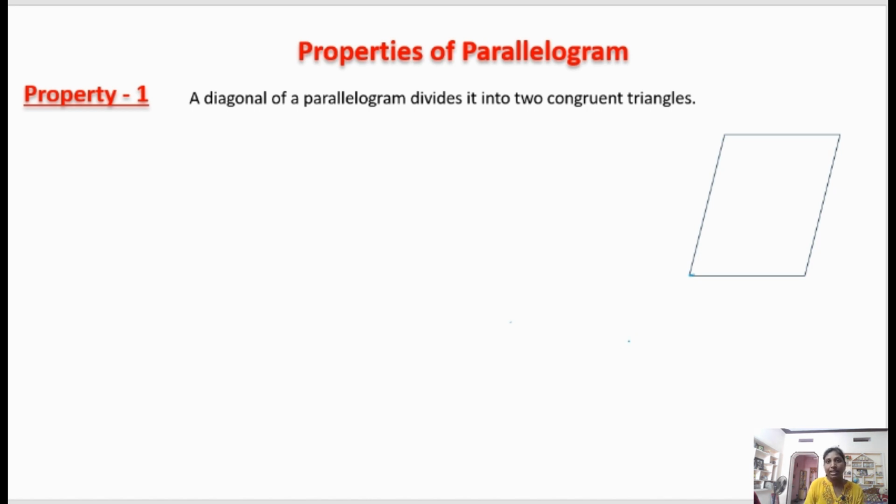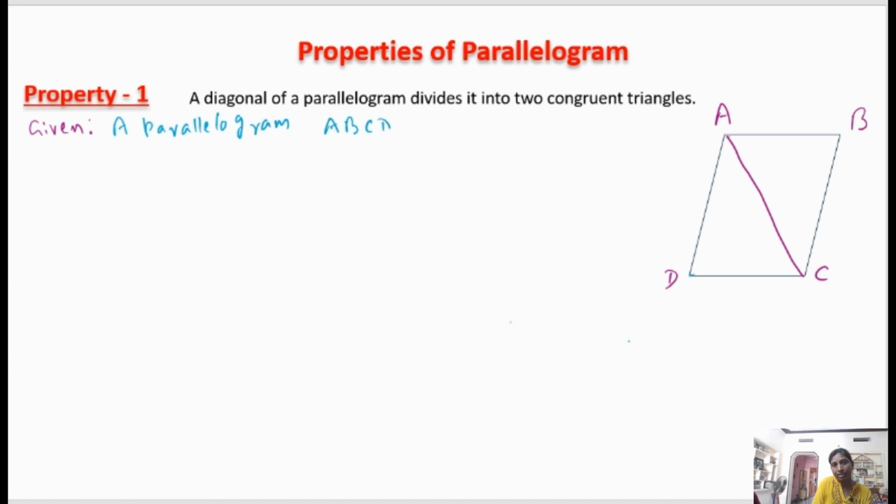Let us take a parallelogram and name it ABCD. And let us draw a diagonal AC. Okay, now let us prove it. Then we have to write given. What is given? A parallelogram ABCD and AC is a diagonal.